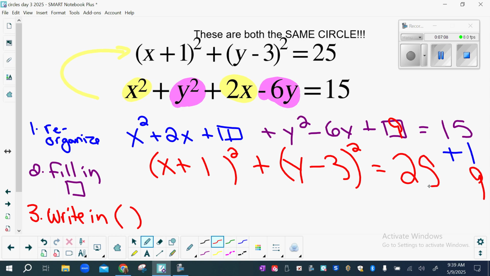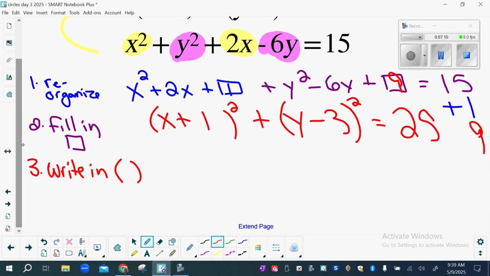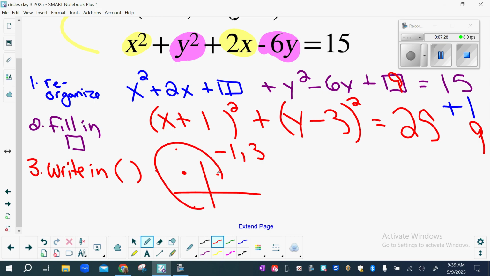So if I was going to sketch that guy, if I was going to give a little drawing, my center is at -1, 3. Nice and easy. -1, 3 right there. I'm going to go out 5 in every direction. So I'm going to be like here and here and here and here and draw in my, oh, look, he really does look like a potato, right?